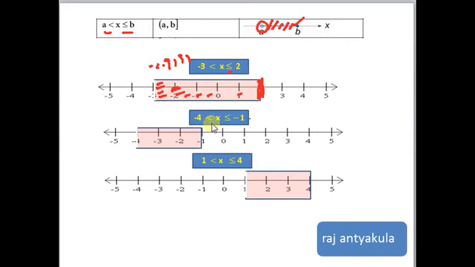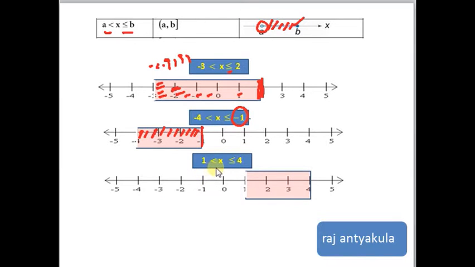Similarly, minus 4 less than x less than or equal to minus 1. See, greater than minus 4 till minus 1, including minus 1 because less than or equal to is given. It will take values from minus 4 to minus 1. Minus 4 is not included whereas minus 1 is included.